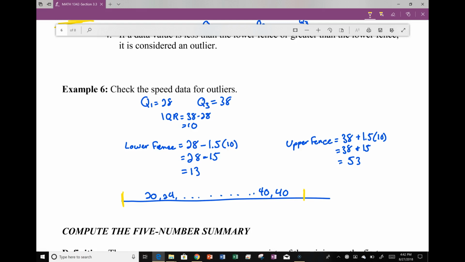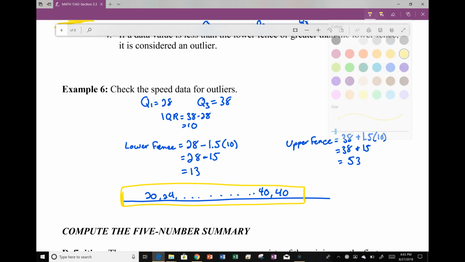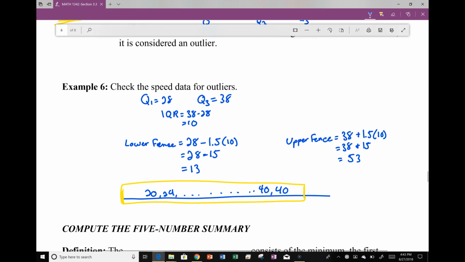I do not have any data values less than this fence or outside this fence on the left hand or outside this fence on the right hand. And what I tend to do is I tend to box in my data to see if there's anything outside of that data box. If there's anything outside that data box, that's considered an outlier. So this particular problem does not have any outliers.